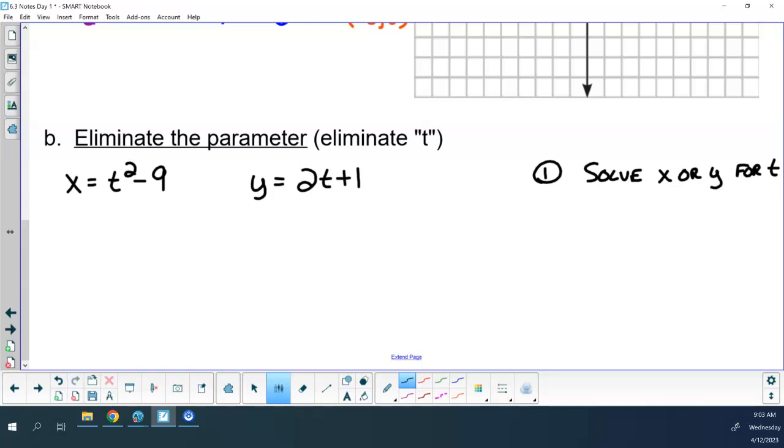And I solved one of them for t. Pick the easy one. Which one's the easy one to solve for t? Y is the easy one to solve for t. If I solve this for t, I would first subtract 1. Then I would divide by 2.